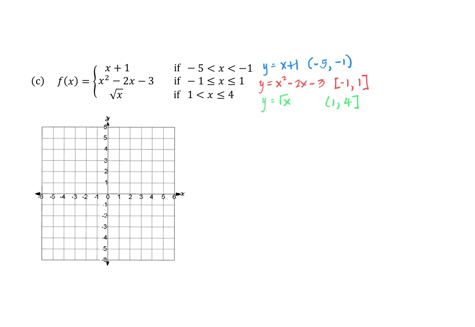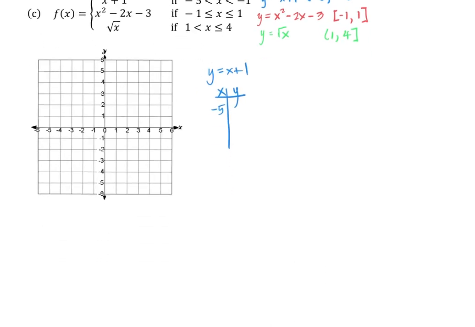We'll start off with y equal to x plus 1, make our table of values, starting with -5. Now remember the -5 has a parenthesis, so we're not including it, that point actually doesn't exist on the graph, but we're still going to use it as a starting point and do the open circle. If I put in -5 and I add 1 to that, I get -4.